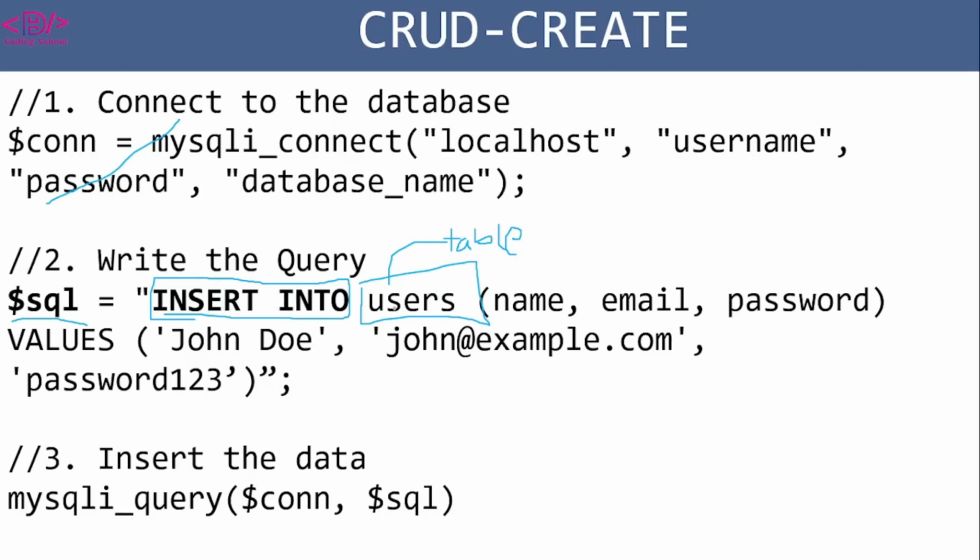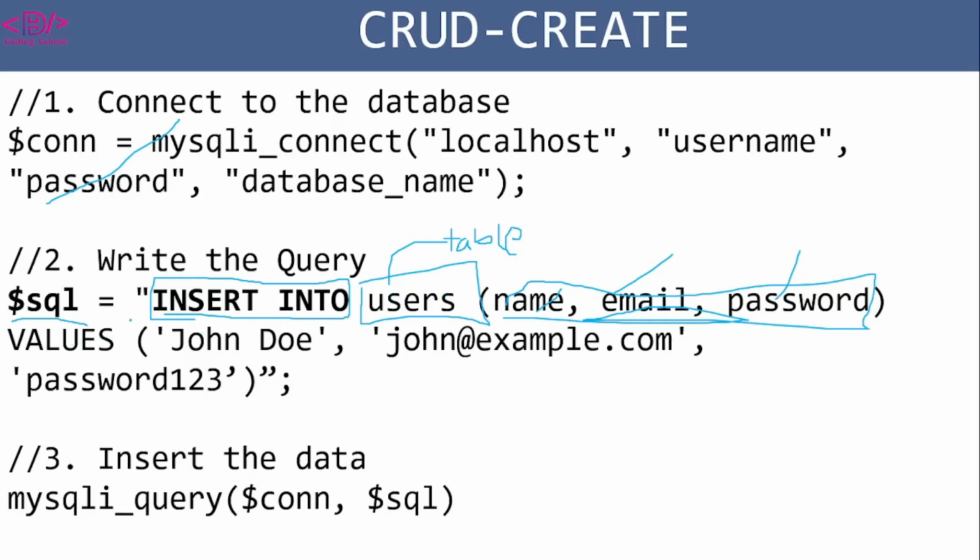Into users, this users is the table, and in brackets we have the fields. If you look here, these are the name, the email, and the password. These are the table fields in the users table. And then we have values.